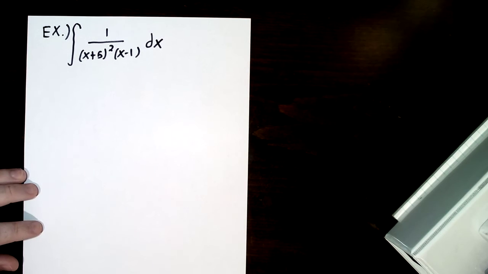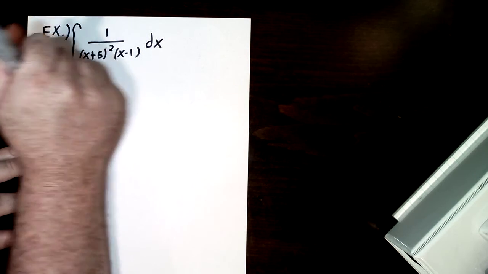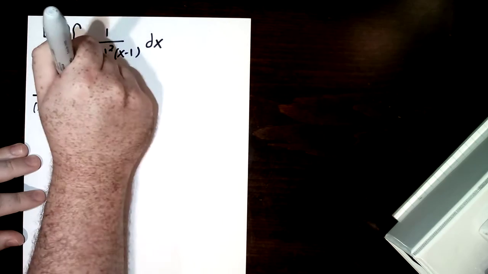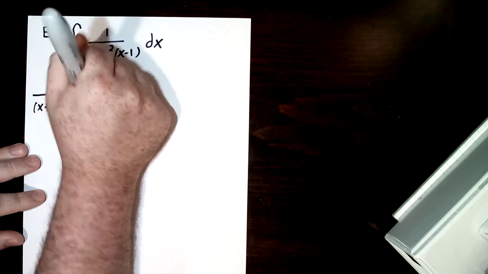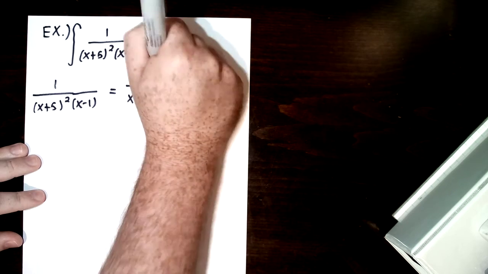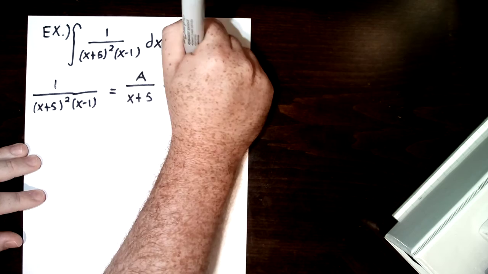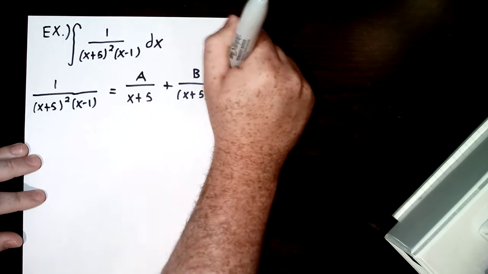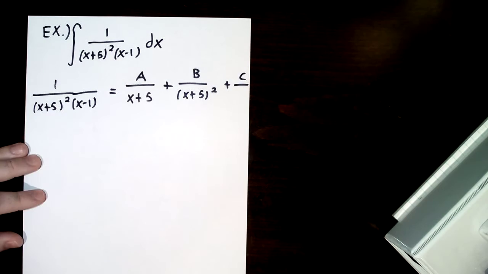So notice that there's a distinct linear factor, x minus 1, and then we have the repeated linear factor of x plus 5. So 1 over x plus 5 squared times x minus 1 is going to be equal to a over x plus 5 plus b over x plus 5 squared plus c over x minus 1.